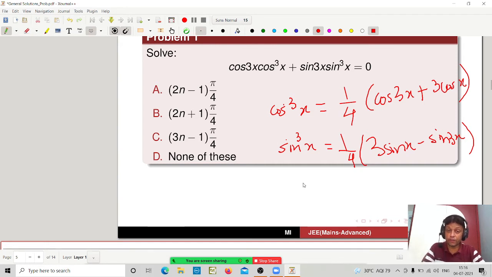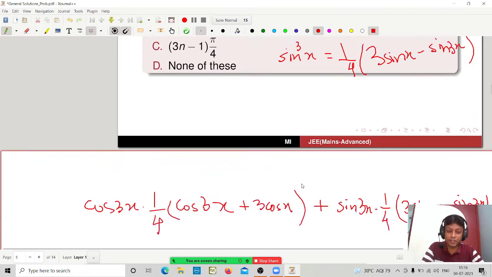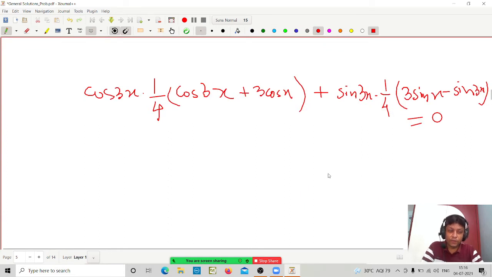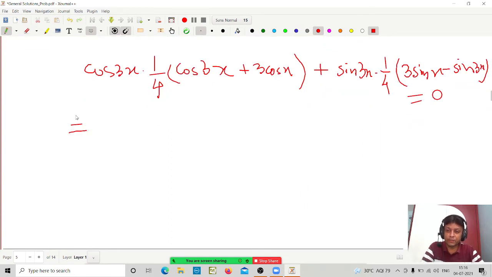So you have to identify how will you tackle the problem. So here cos cube and sine cube, this type of complicated term you have to eliminate. So eliminate it, and if you simplify quickly, you have 1/4. This will be your 3 cos 2x, because you have cos square 3x minus sine square 3x, that will be your cos 6x.